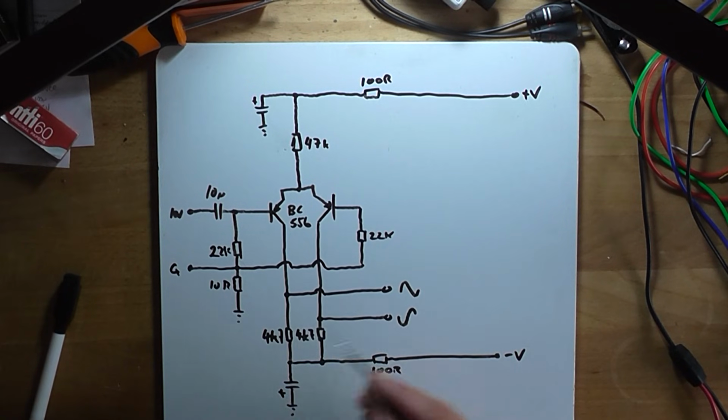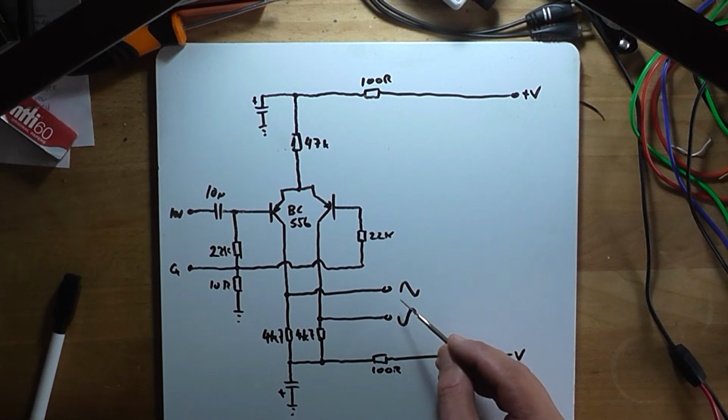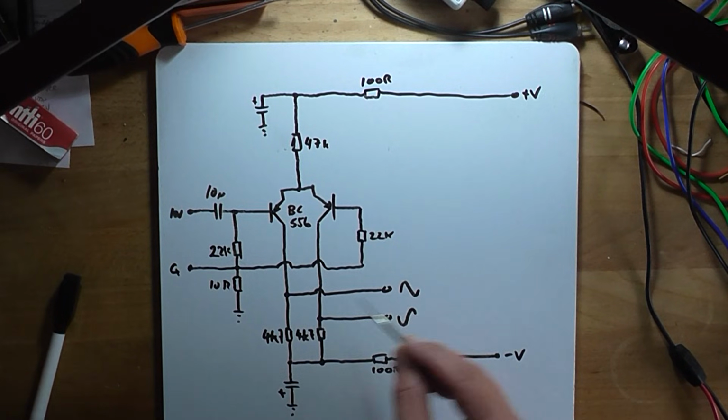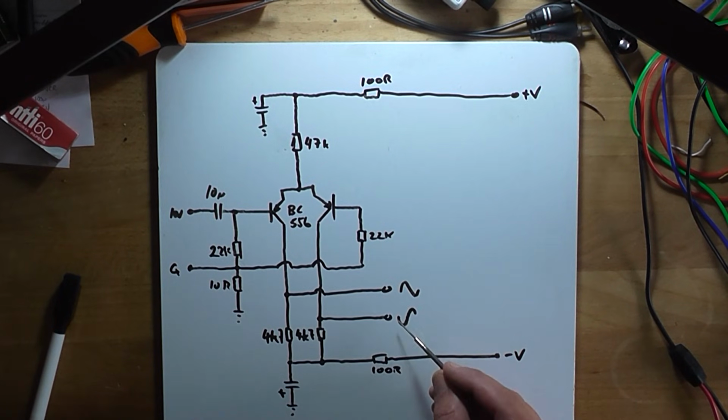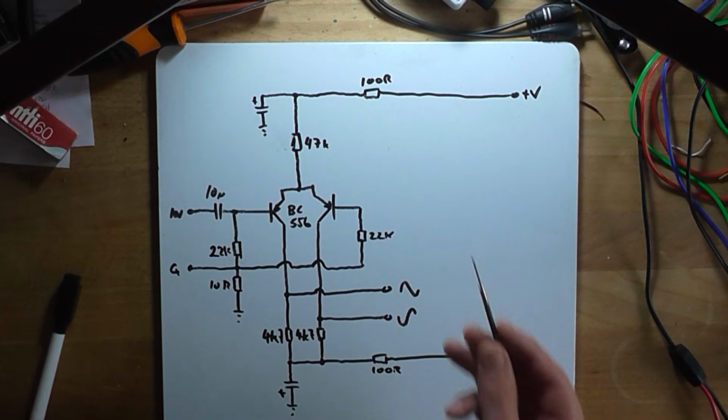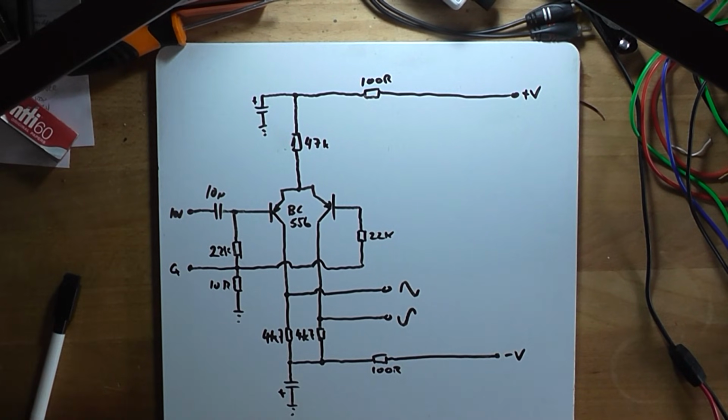So what we should see on our oscilloscope is a signal off of this transistor going in the normal 0 degree phase, and on this collector we should see a 180 degree signal out of phase with this one, and they should be roughly about the same voltage amplitude, and that gives us an idea of how this actual circuit works.